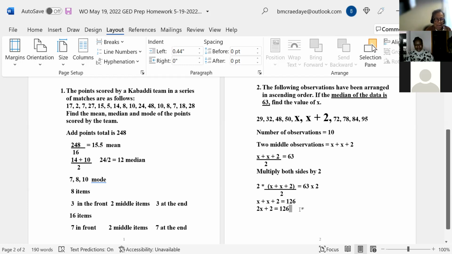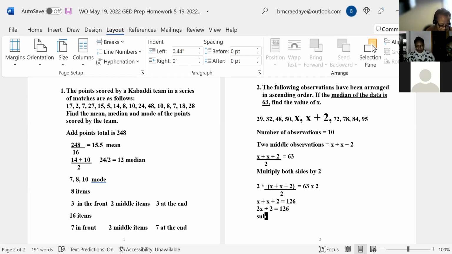Maureen, what do we do next? What's the next step? You subtract. Subtract what? You want to get the 2, that constant over here, with the 126.